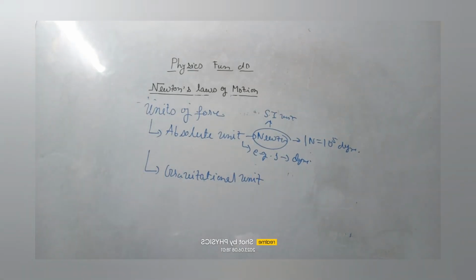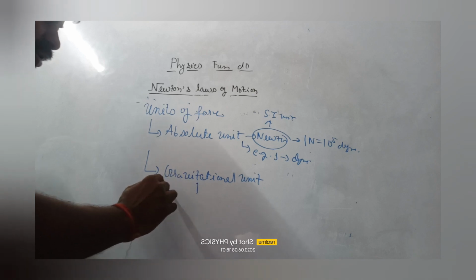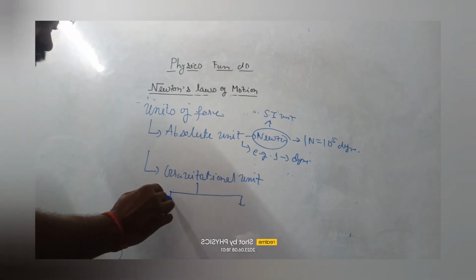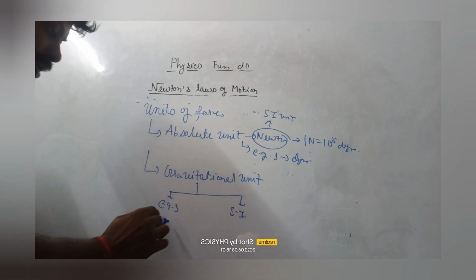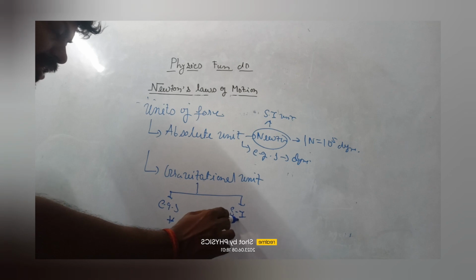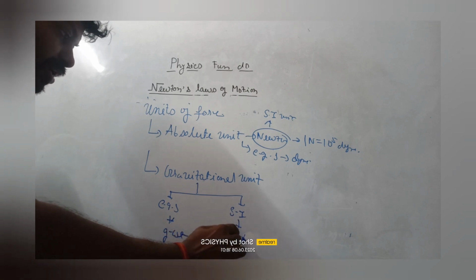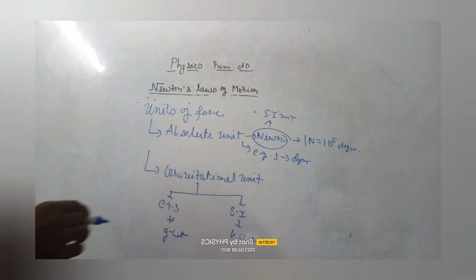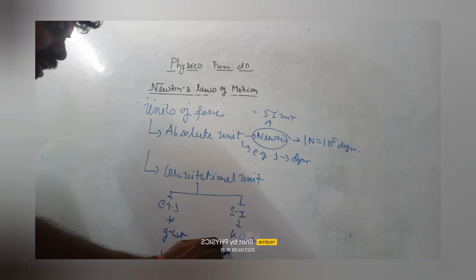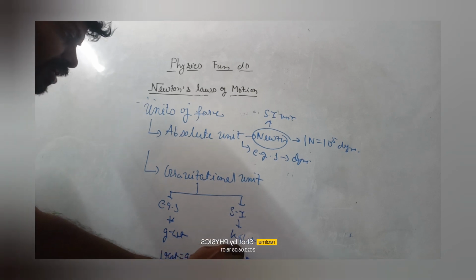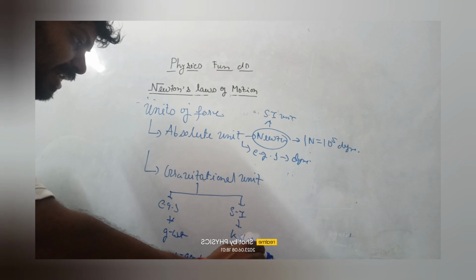Now the gravitational unit is also divided into two parts, the CGS unit and the SI unit. The CGS unit is gram weight and the SI unit is kg weight. Now 1 gram weight is equal to 980 dyne and 1 kg weight is equal to 10 Newton.